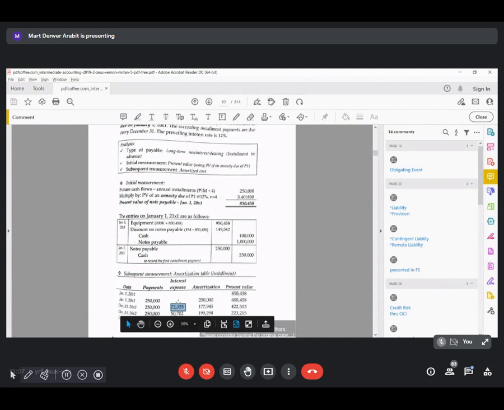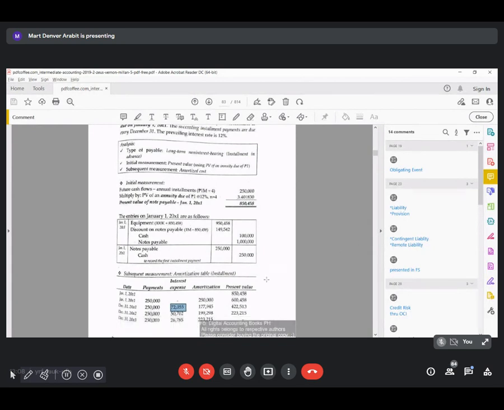So kung hindi ka magre-recognize ng interest expense sa December 2021 books, hindi magmamatch yung interest na ni-record mo dun sa benefit na natanggap mo by using that equipment. Okay? But the payment of this interest will be done on January 1, 2022 and not at the time when it is accrued. Yun yung difference niya kay ordinary annuity. Okay?